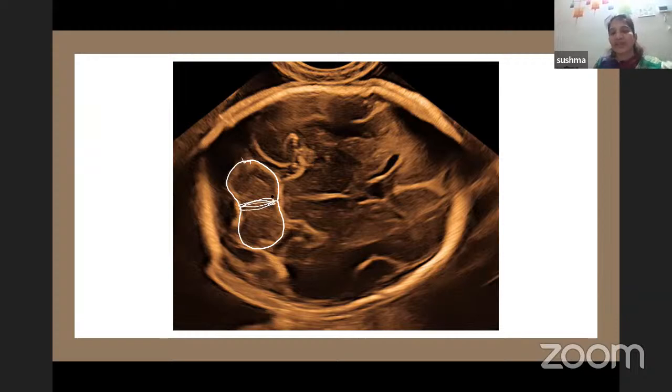In this particular plane, if we take the diameter, that is the transcerebellar diameter, from here to here, the transcerebellar diameter in mm is equivalent to the gestational age in weeks. For example, when we measure it from here to here, if we get 21 mm, that means this fetus is approximately 21 weeks.